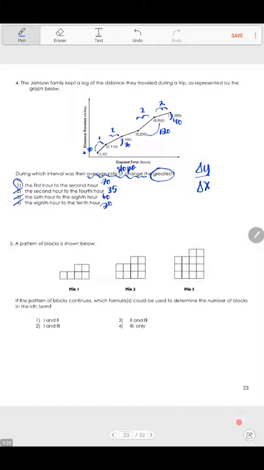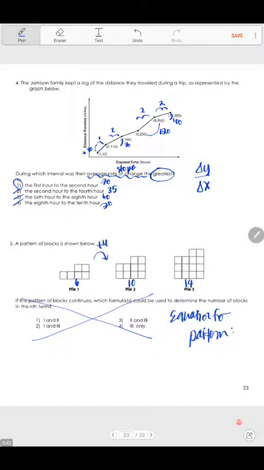In this last one, this isn't an actual question, but let's find the equation for the pattern. So here there are 6 blocks, 10 blocks, 14 blocks, and we can see that that pattern is adding 4 each time. In order for us to write an equation in y equals mx plus b form, we need the slope and we need the y-intercept.